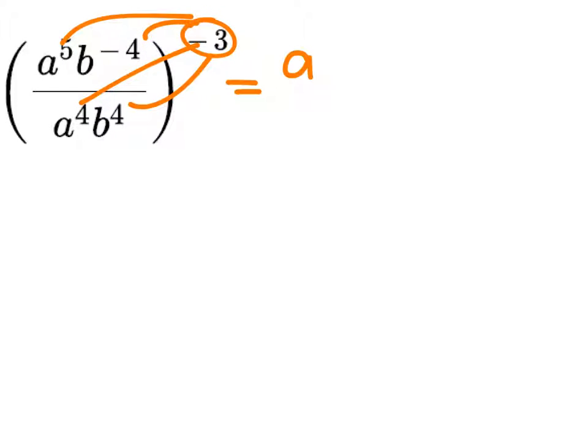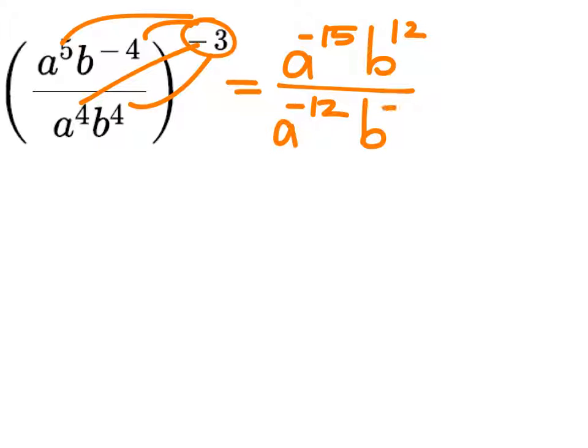So that would be a to the power of negative 15, b to the power of positive 12, all over a to the power of negative 12 times b to the power of negative 12. So using our exponent rules, I would have a to the power of negative 15 minus negative 12, which is a to the power of negative 3.